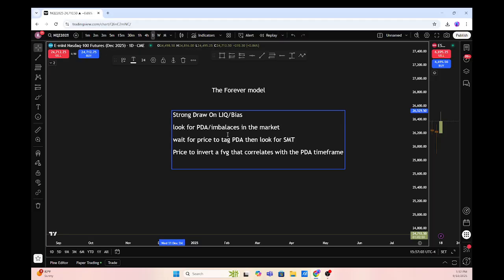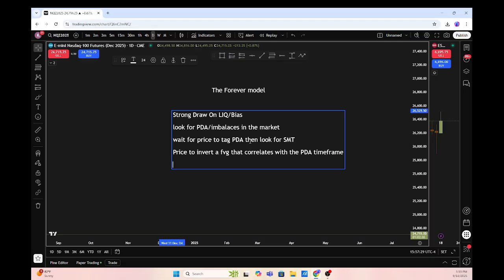The correlated time frame with the 15-minute is the 1 minute, so I would then want to see price invert a 1 minute fair value gap, right?